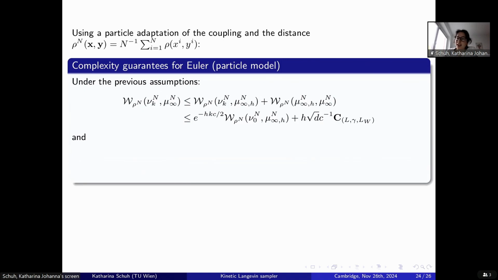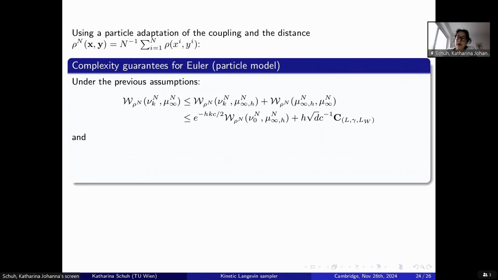And then also for this particle model, we can find a contraction result. Here, let me just mention, I think I forgot to mention it so far: this distance rho_n will consist of taking the distance rho of all the particles, summing it up and dividing it by n.